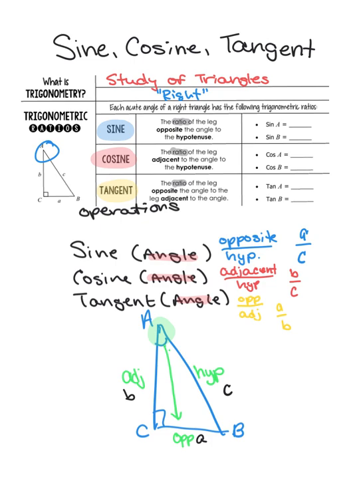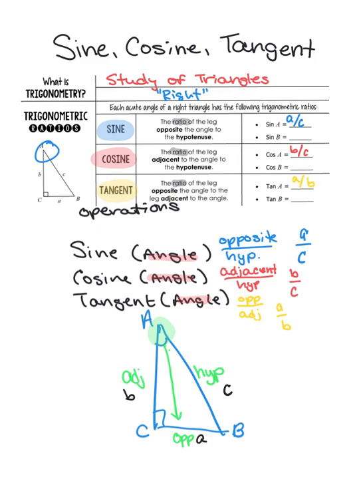So opposite is A, hypotenuse is C, so the opposite over the hypotenuse is A over C. The adjacent is B, the hypotenuse is C, so adjacent over hypotenuse is B over C. The opposite is A, the adjacent is B, so the tangent is A over B. So the sine of A is A over C, my cosine of A is B over C, and my tangent of A is A over B.